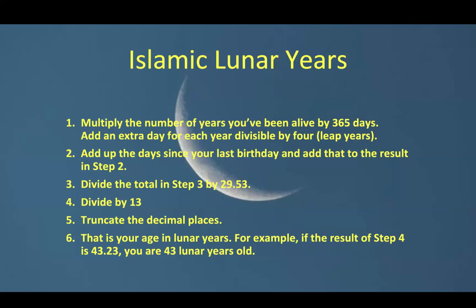Add the days since your last birthday. Add that to that result. Sorry, my steps 2 and 3 are off, but you know what I mean. This should say step 1, this should say step 2. You get the idea. 60. Is that closer? Yeah. What's your actual age? 64. Yeah, there we go. That's close. Definitely much better.